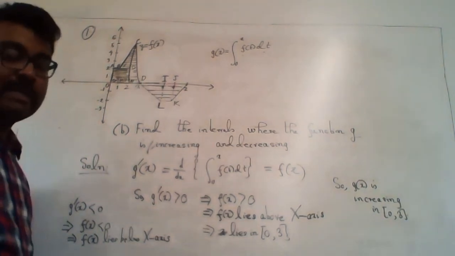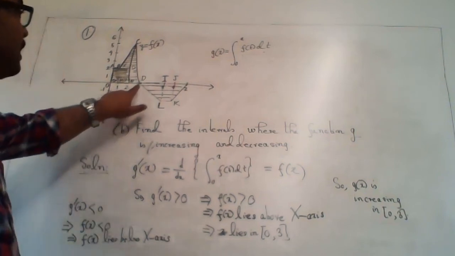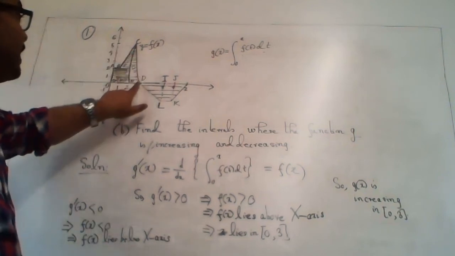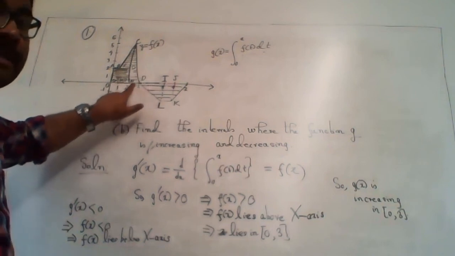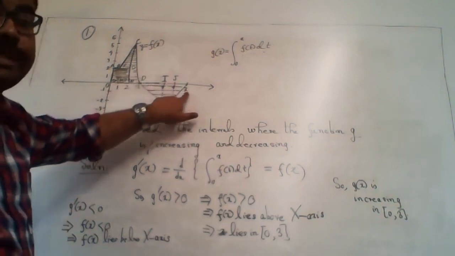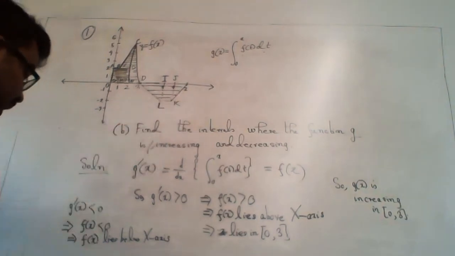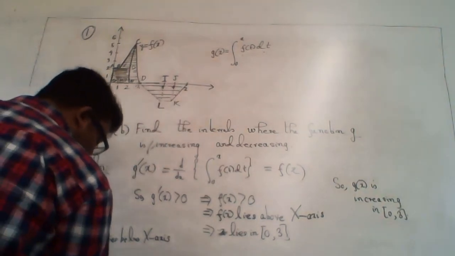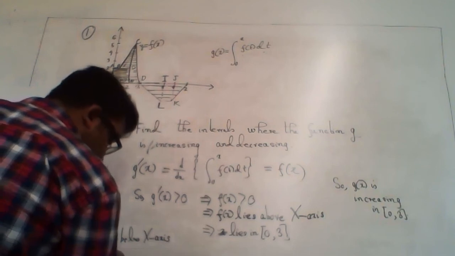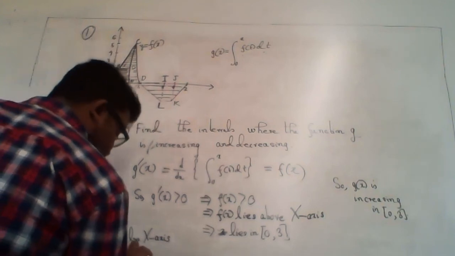So where does f of x lie below the x-axis? This is the graph of the function f of x. f of x lies below the x-axis in the interval from 3 to 7. So f of x lies below the x-axis means x lies in the interval 3 to 7.